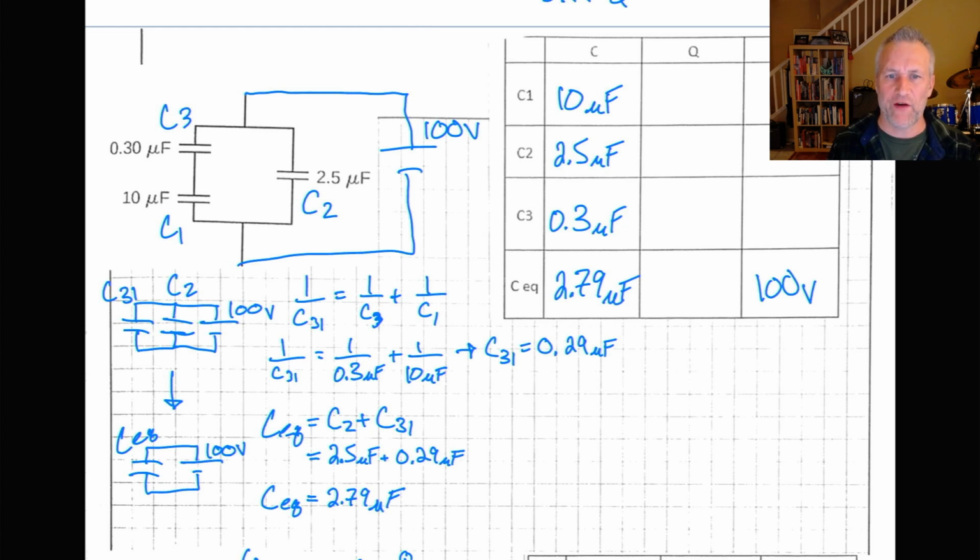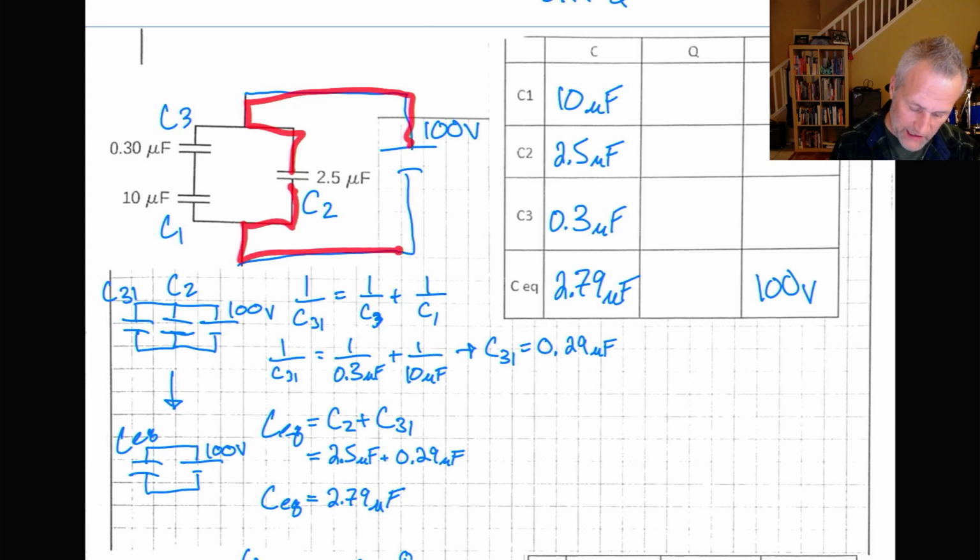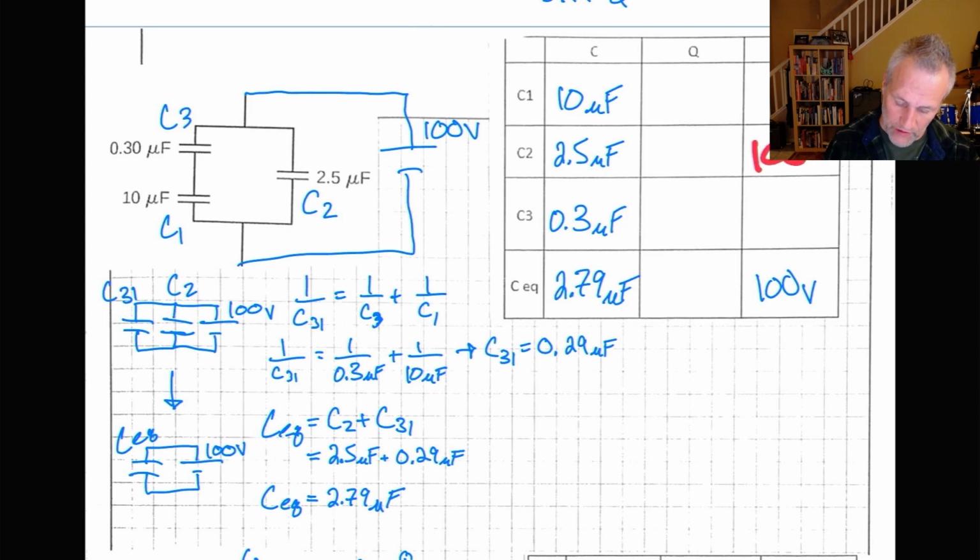So find that equivalent charge first. Then I know that this capacitor right here is connected straight to the battery. So it's going to have 100 volts on it. So that's for C2. This is going to be 100 volts. And if I know two of them, I can find the third, right?